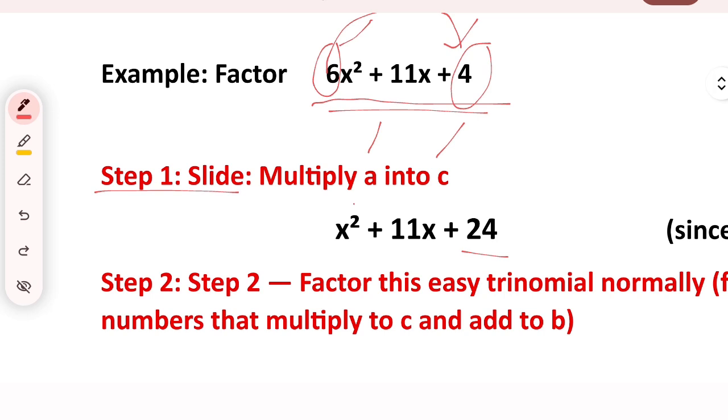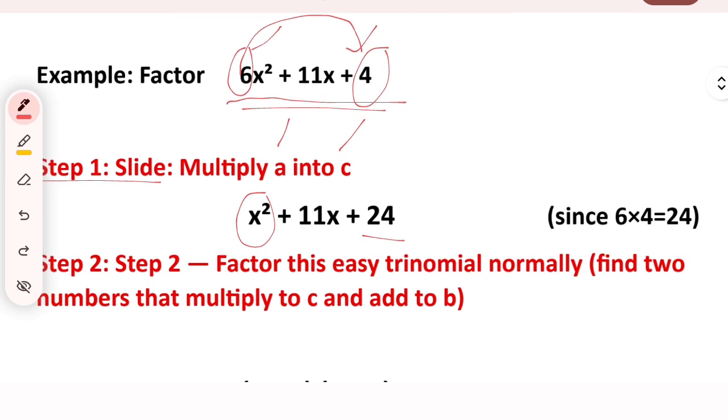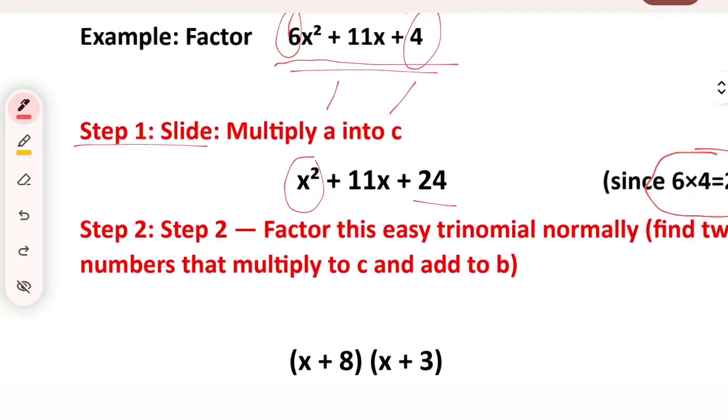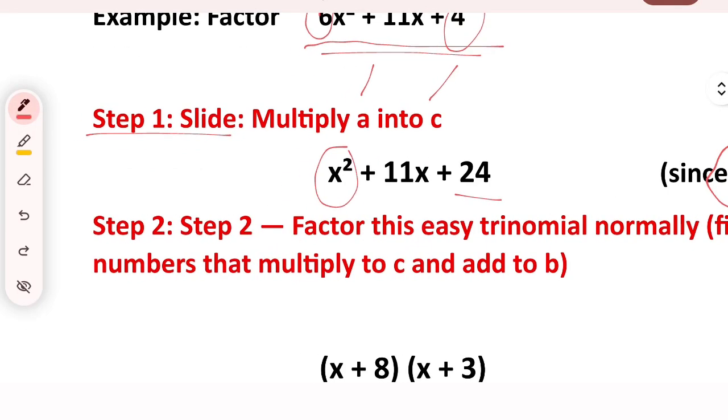So here we now have 1x squared plus 11x plus 24. Where did 24 come from? It is sliding 6 to 4, that means we multiply 6 by 4 and that would be 24. So now we have a new form of that trinomial, which is x squared plus 11x plus 24. That's just the first step. So easy.